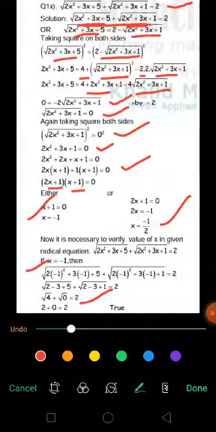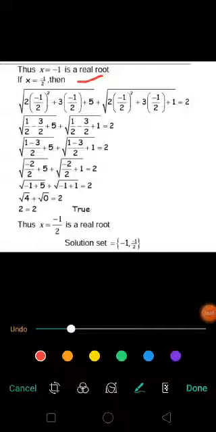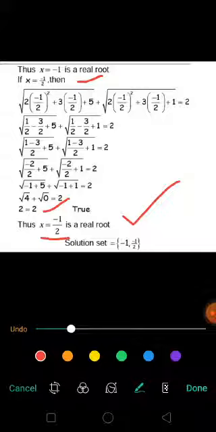So x equals minus 1 is a real root. Then putting x equals minus 1 by 2 in the equation, we get 2 equals 2, true. That means x equals minus 1 by 2 is also a real root. So the solution set equals minus 1, comma, minus 1 by 2.